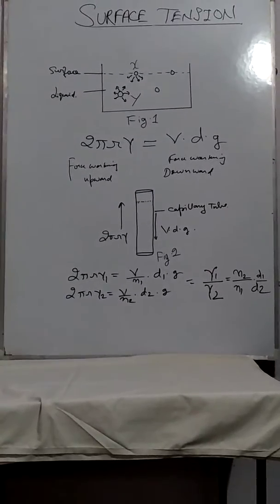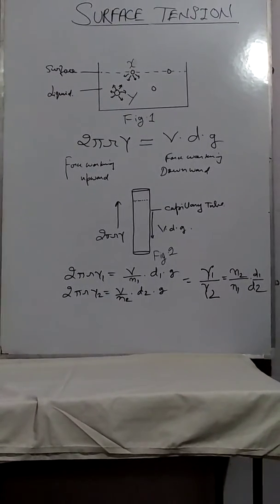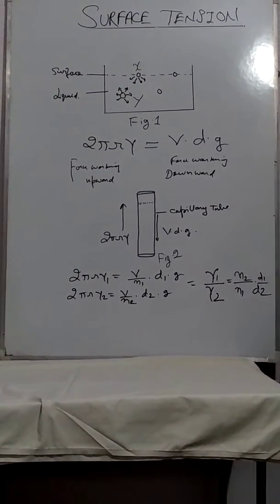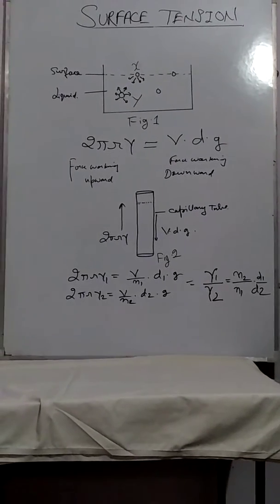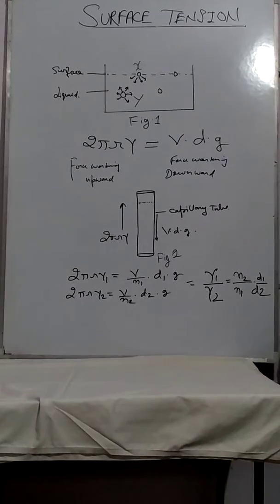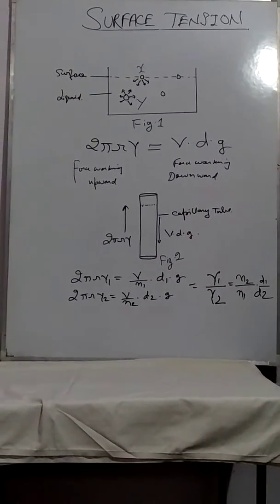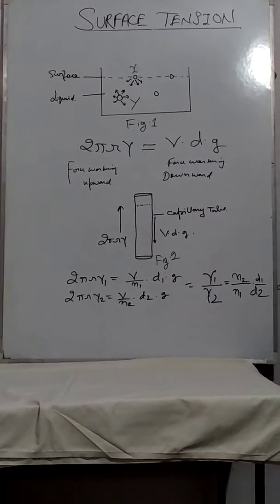It means Y type molecules attract X type molecules downwards, and these X type molecules don't have any molecule towards their upper side. So the net force which they experience is a downward force which ultimately moves them into the bulk.